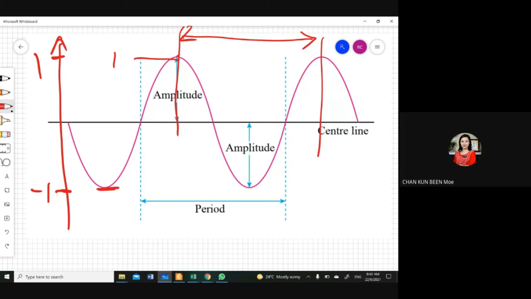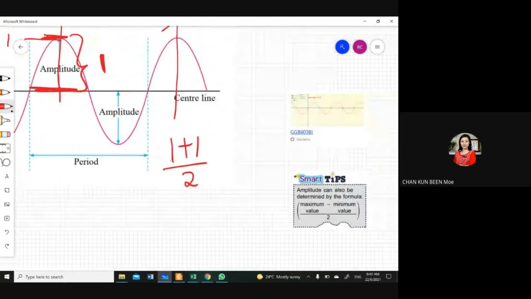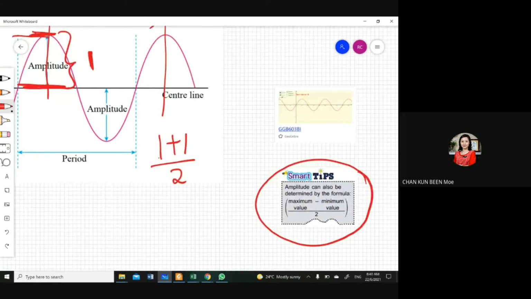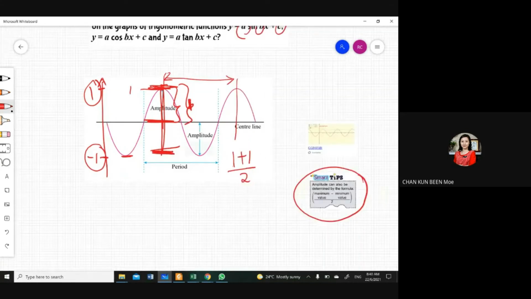It can also be determined by 1 minus negative 1, which becomes 1 plus 1, and then you divide by 2. So 1 plus 1 divided by 2 is 1. That's why you can see the amplitude is 1 over here. So that is the meaning of the formula. You just need to find the difference between these two, and then you divide by 2, so you get the amplitude. Okay, now we move on.